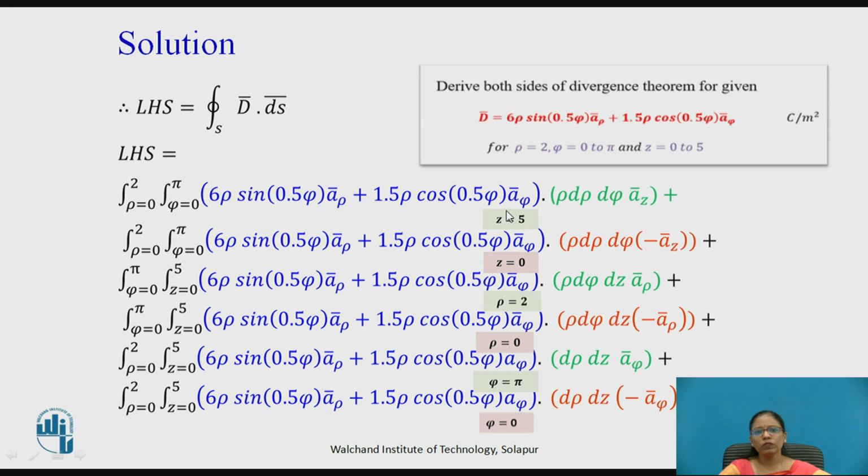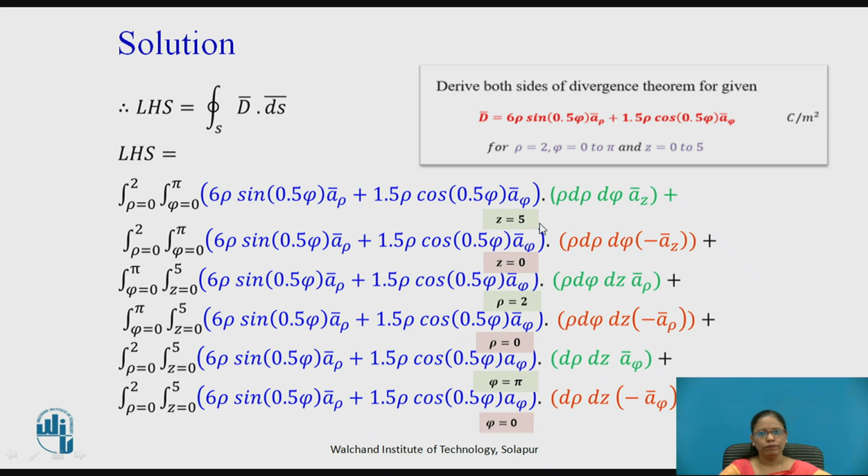In the same way I have written all the 6 surfaces, with D bar and the respective integrals. As you can see here, the variation of d phi and dz is there, so it's phi and z. The variation of rho and z, so limits of rho and z are put. One more information which I have added here is z equal to pi.